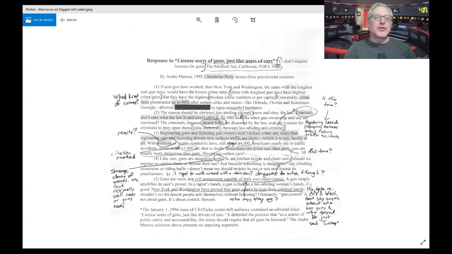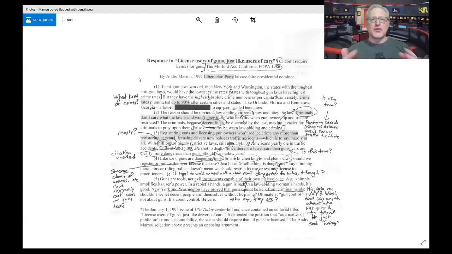So I've got a note over here. What kind of crimes? States with the toughest gun laws have the highest crime rates. What kind of crimes? Okay. Do you remember when we talked about this? We noted, or someone noted, that states with the toughest gun laws have the highest crime rates. But what kind of crimes? Are they crimes that have to do with guns?